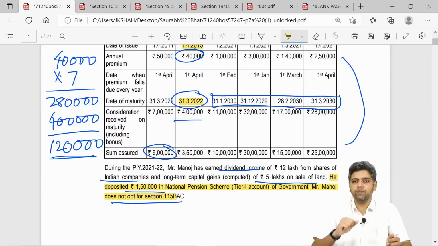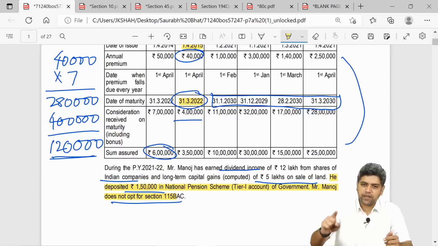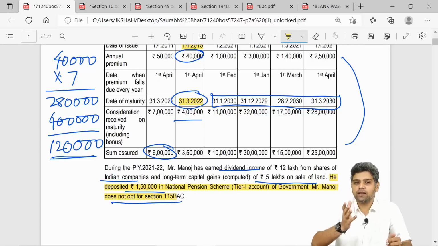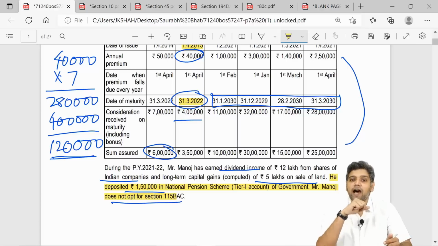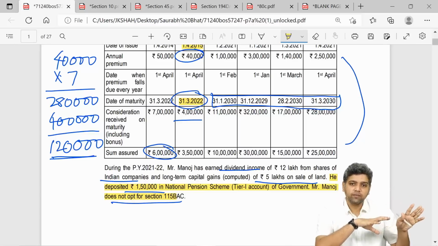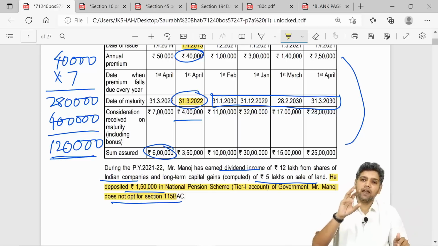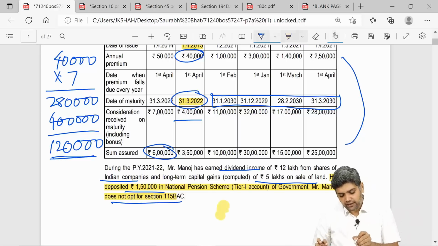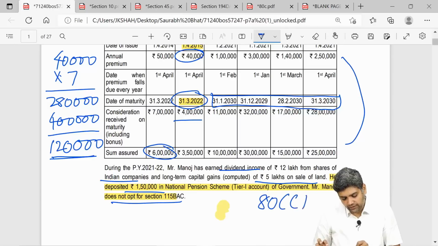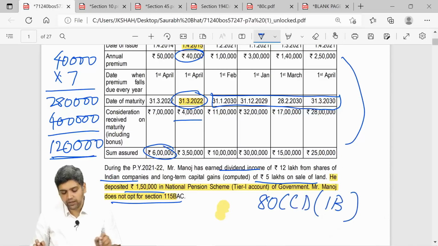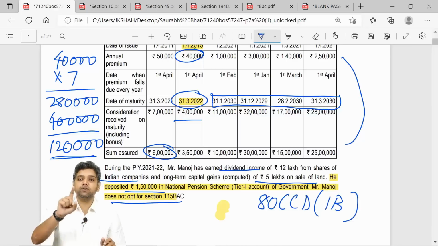So government said, don't worry. In order to promote NPS, in fact it's a very good plan, in case your stipend is able to fund it, please do invest in NPS. You all are very young, so you would have a higher pension as and when you retire. So government, in order to promote this NPS, said that apart from this 1,50,000 rupees deduction, you would be granted a separate deduction under 80CCD subsection 1B, but maximum 50,000 rupees.